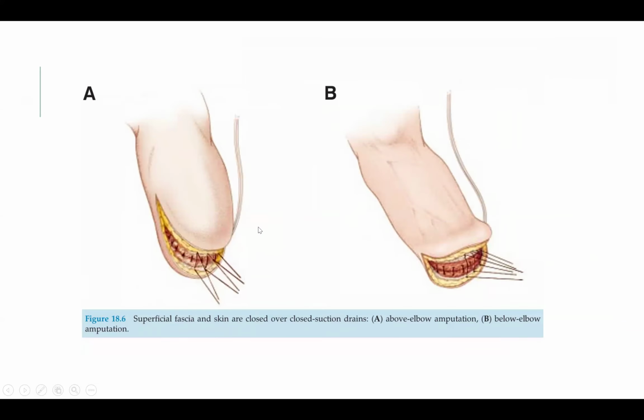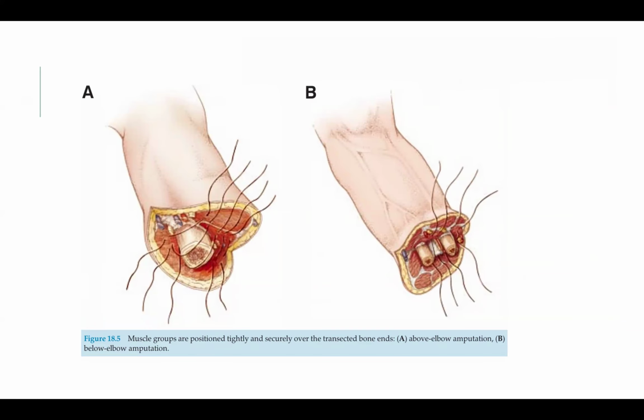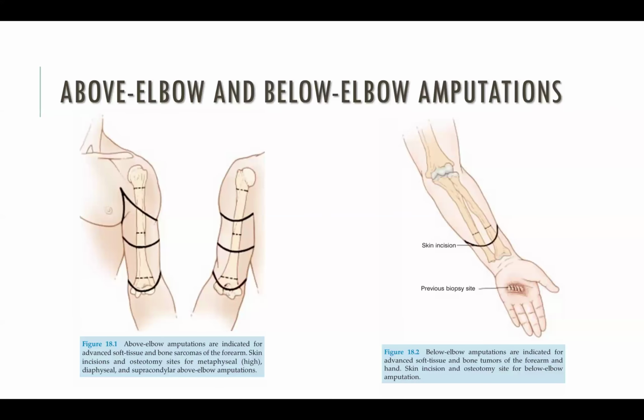Praveen, you have to talk about what types of incisions you are putting there, because for each amputation there is a different incision, no? Yes, sir, definitely. The type of incision matters a lot. What is the type of incision for above elbow?